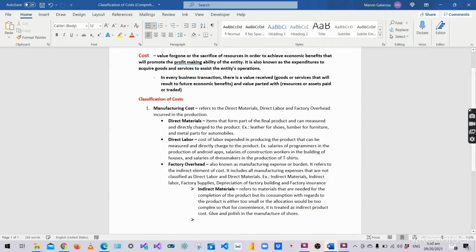What about indirect labor? Indirect labor refers to cost of manpower that cannot be identified as pertaining to a particular product.